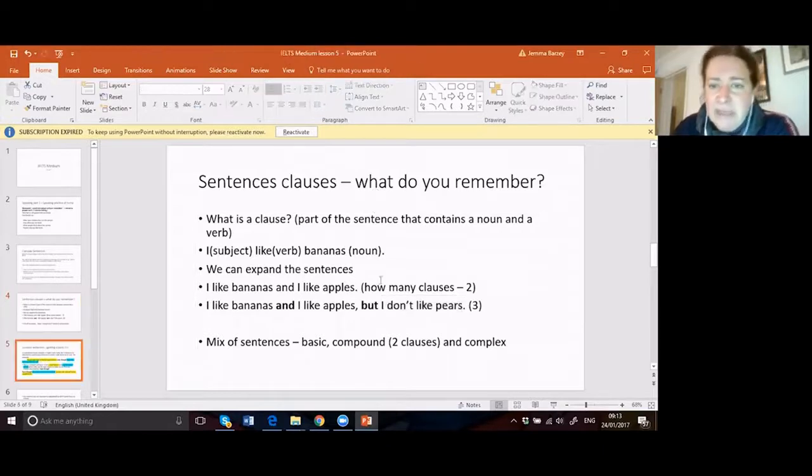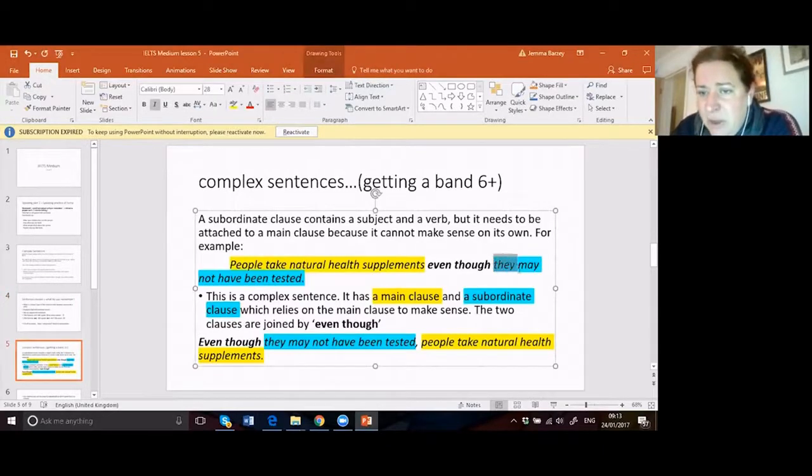But if you look at these sentences, if I said to you, the blue words, they may not have been tested, you're thinking, what? What may not have been tested? What are you talking about? So you need the parts in yellow, okay? So this yellow would be the main clause that you need to understand the blue, okay? So I could say this on its own. People take natural health supplements, full stop.